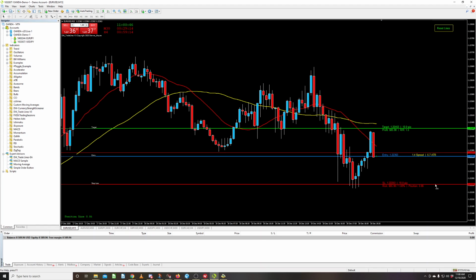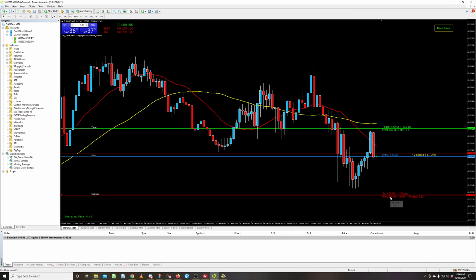So if I move this, my risk as a percentage of my account size stays 1%, the number of dollars stays the same, and the position size changes, because the position size is calculated based on the number of dollars I want to risk, which is 1%, and the distance in pips I am from my target.